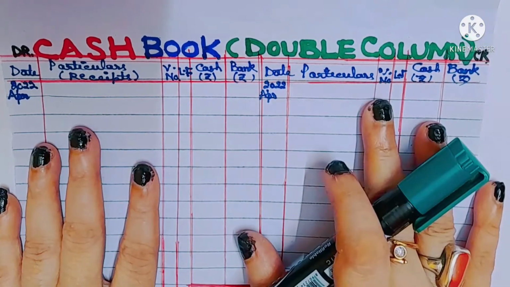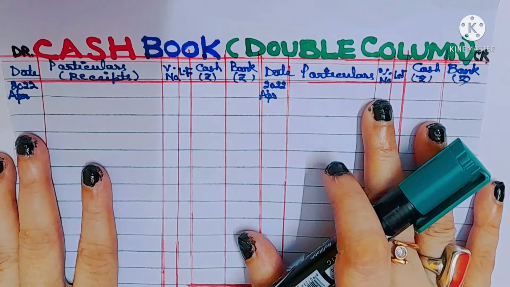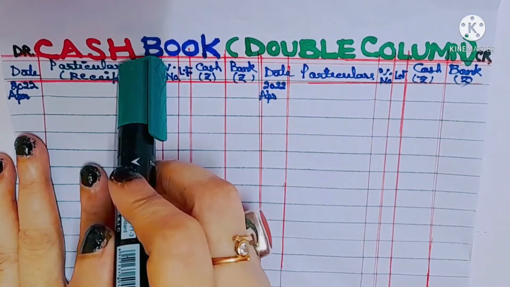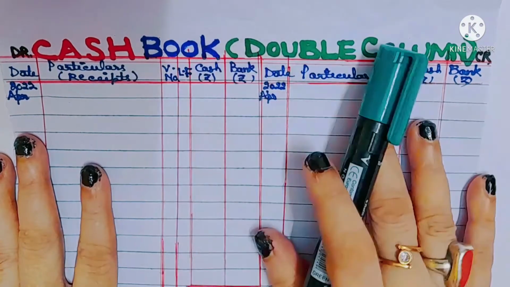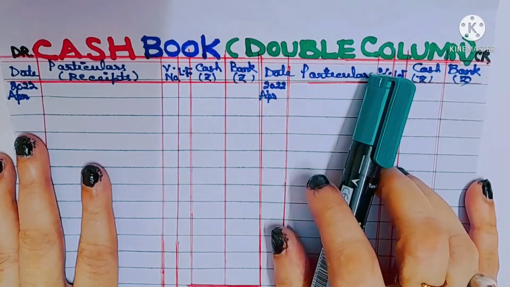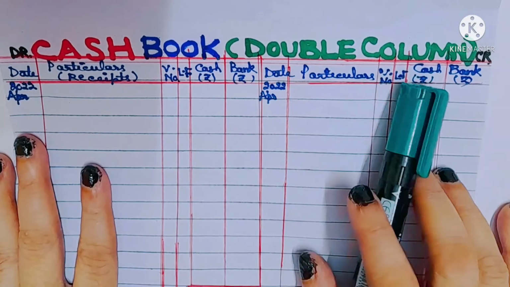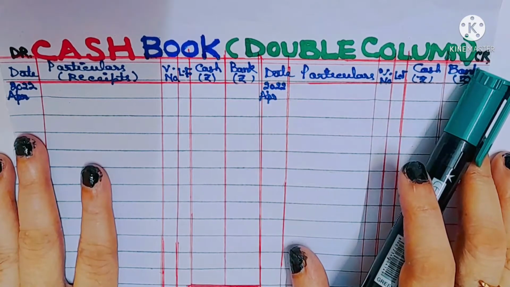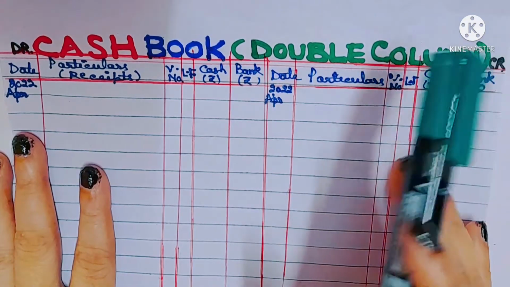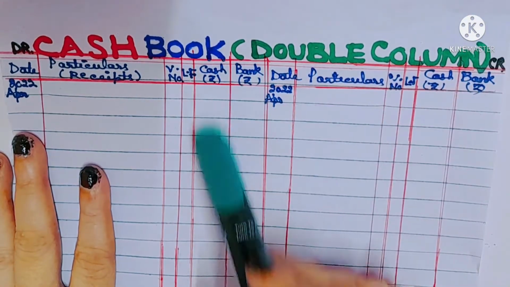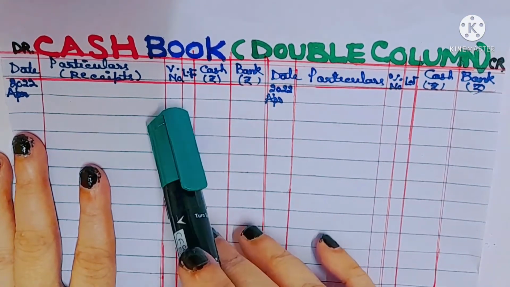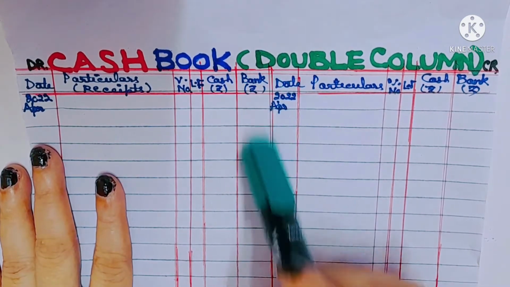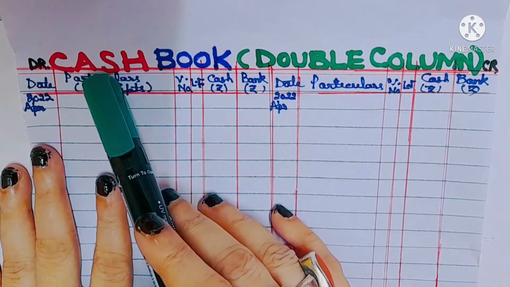Okay, so all receipts, whether in cash or by check, are recorded on the debit side in a double column cash book. And all payments, whether in cash or by check, are recorded on the credit side. All cash receipts are recorded in the cash column on the debit side, and all checks received are recorded in the bank column on the debit side.